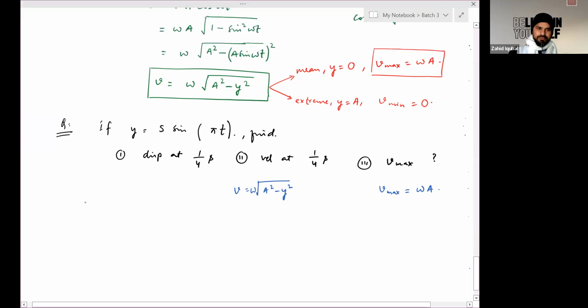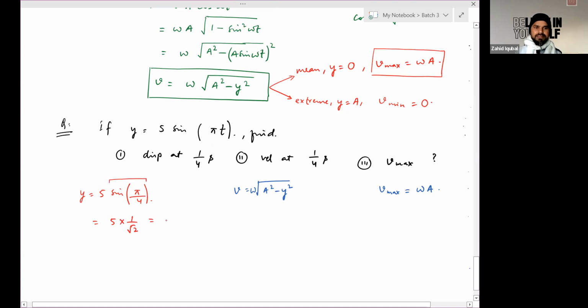In the first part, if we put y equals 5 sine of pi into t, which is 1/4, it will become pi/4. And sine of pi/4 is sine 45 degree, which equals 1/√2. So it will be 5 into 1/√2.